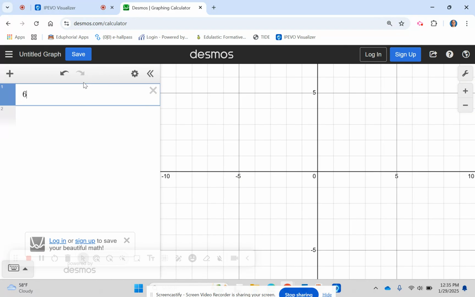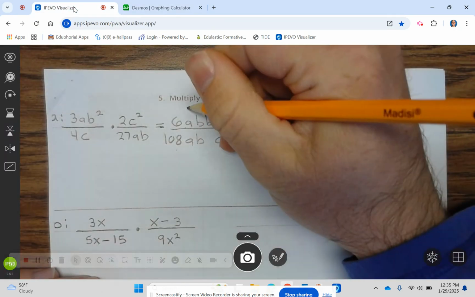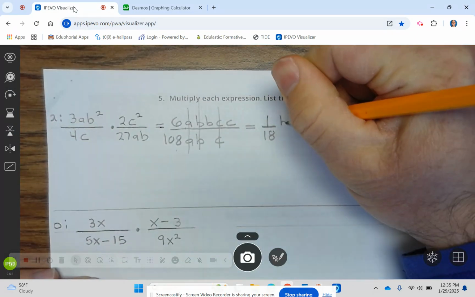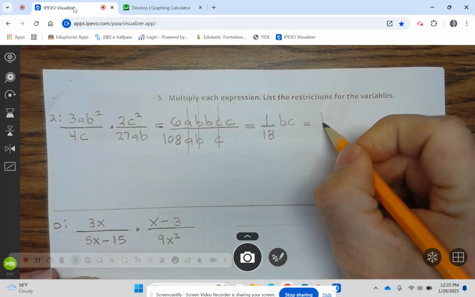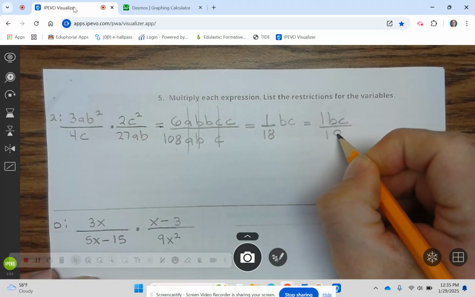So 6 divided by 108. We get a decimal, but if I press this button right here, it gives me the fraction. So that's 1 divided by 18. And then anything divided by itself is 1. So 1, 1, 1, which is equal to 1 BC divided by 18.